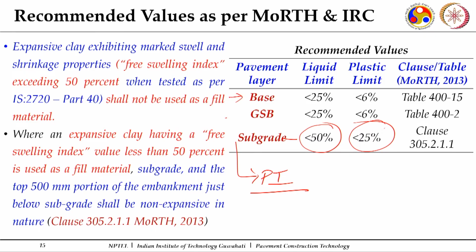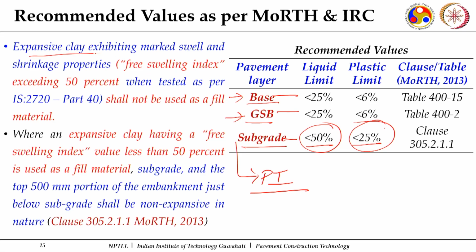So we indirectly try to restrict the use of soils having a higher plasticity index, and these are the requirements which we will discuss again when we come to the granular courses. These are for base courses requirement, these are granular sub base courses requirement. Here the requirement says that the liquid limit shall be less than 50% and the plastic limit should be less than 25%.